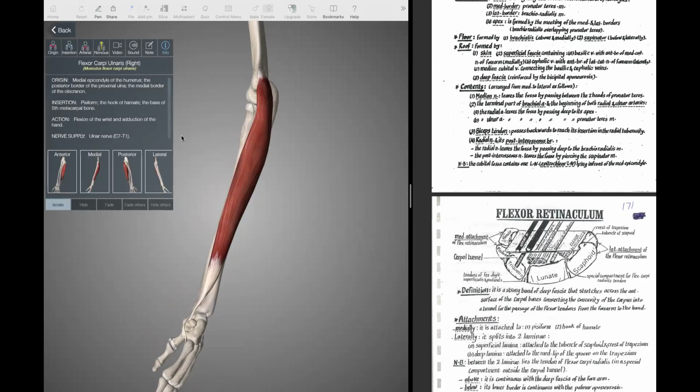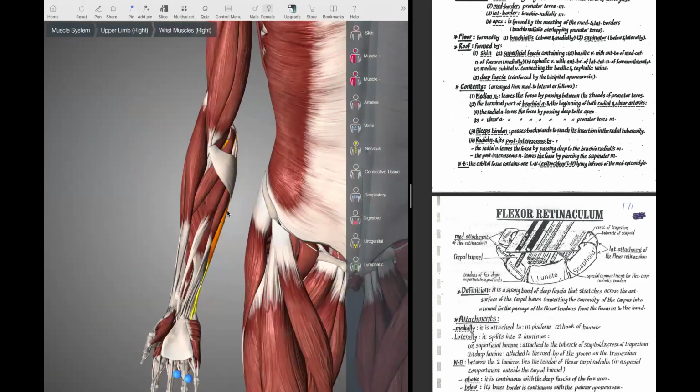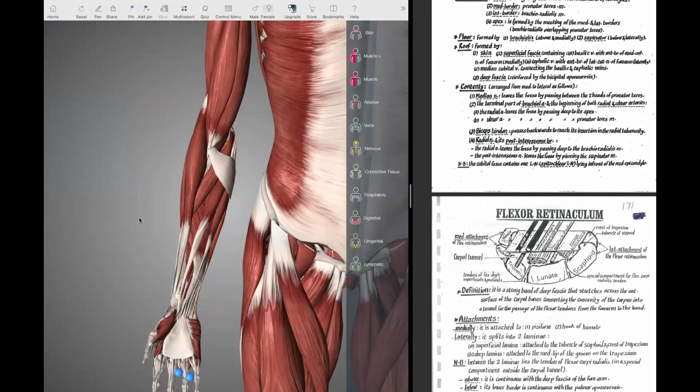No, careful. This is the flexor carpi ulnaris. Sorry, the nerve supply is ulnar nerve. The flexor carpi radialis is supplied by median nerve, not radial nerve, median nerve. The flexor carpi ulnaris is supplied by the ulnar nerve. Okay.